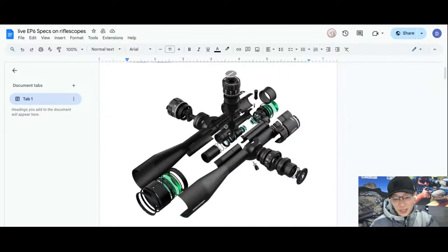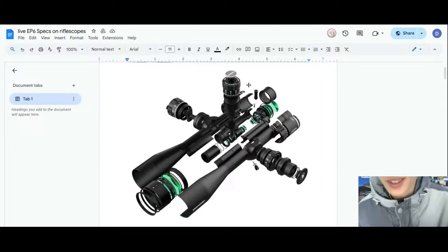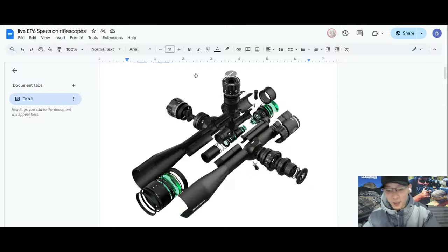Okay, going from front to back, we are at the saddle part here, the adjustment. The turret assembly may not look very complicated from the outside, but internally there are so many pieces of elements screwed all the way together.